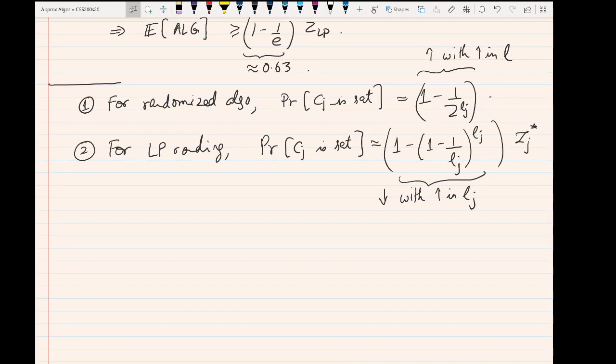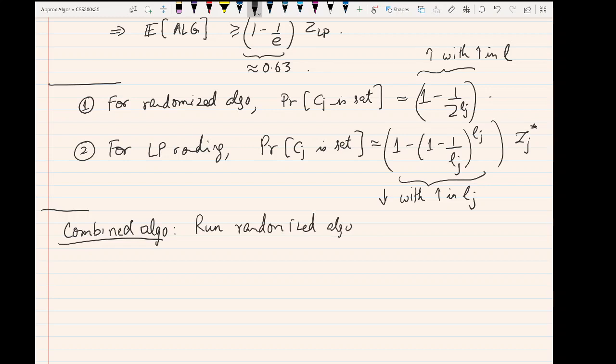And the most natural way of combining is the following. Run our randomized algorithm. Get W1 equal to the weight of satisfied clauses. Okay, and W1 is a random variable, again depending upon the random coin toss outcomes.